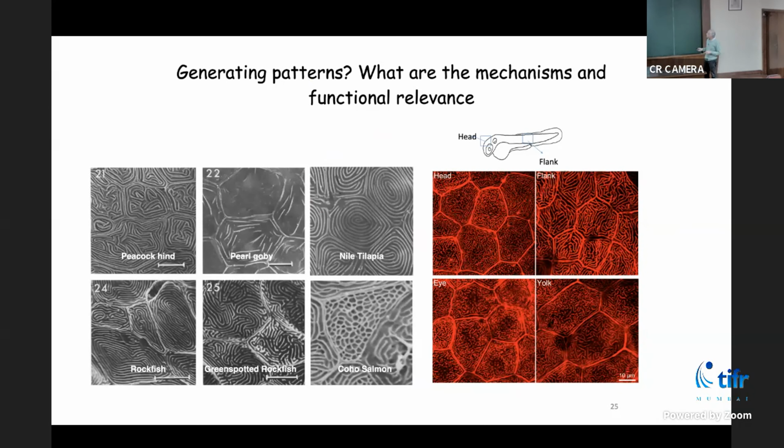And if you look at these, these are different fishes showing different kinds of patterns. Even within a fish, if you look at the different parts of the body, the patterns change. Now, the question is, how do these different kinds of patterns form?